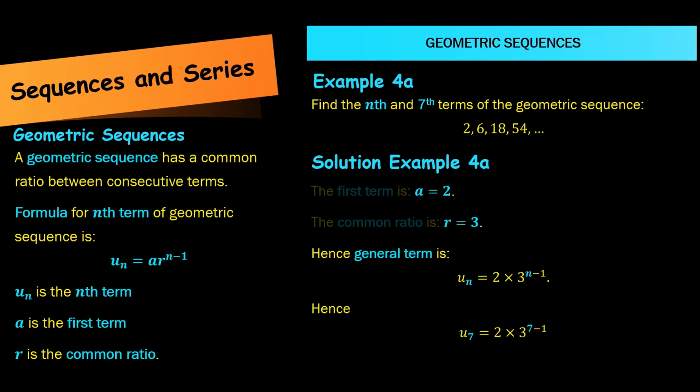We therefore have that u subscript 7 is equal to 2 times 3 to the power 7 minus 1, which is equal to 2 times 3 to the power 6, and this equals 1458.